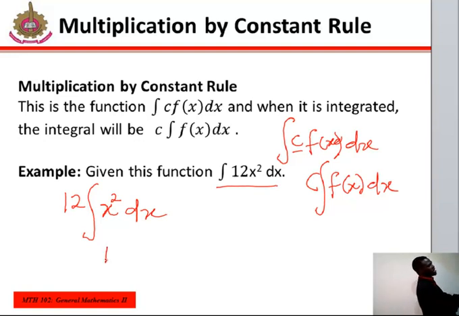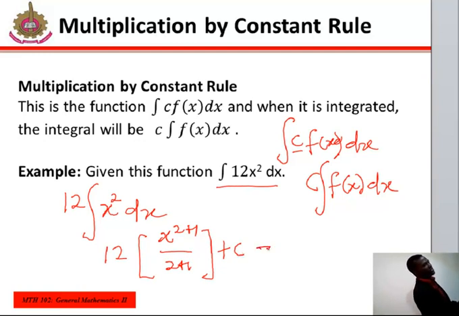Now what you are going to do here is integrate x squared, that is x^(2+1) over 2+1, plus constant c. Hence what you are going to have is 12 times x^(2+1) over 2+1, that is x raised to power 3 all over 3, plus constant.